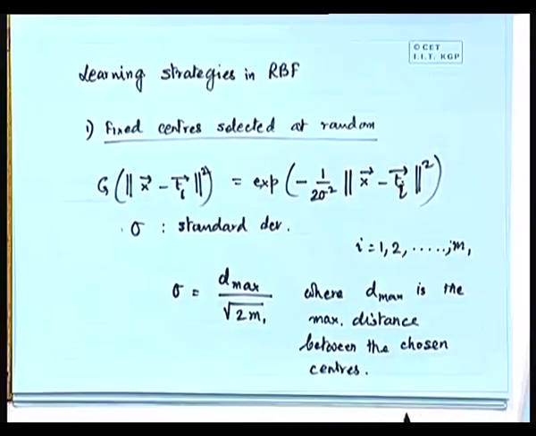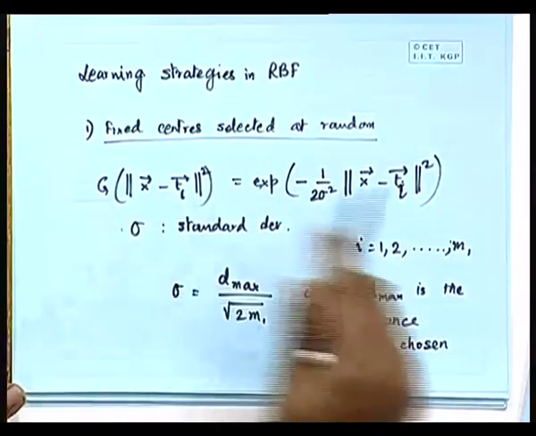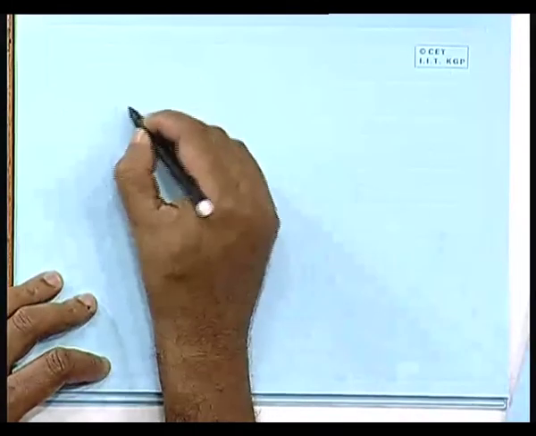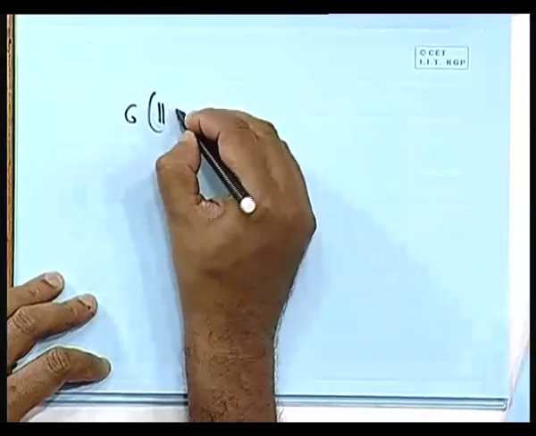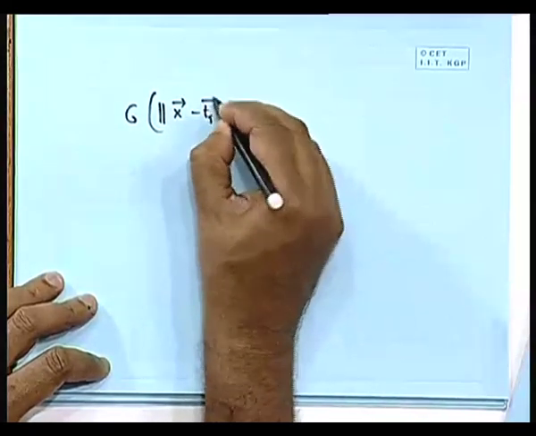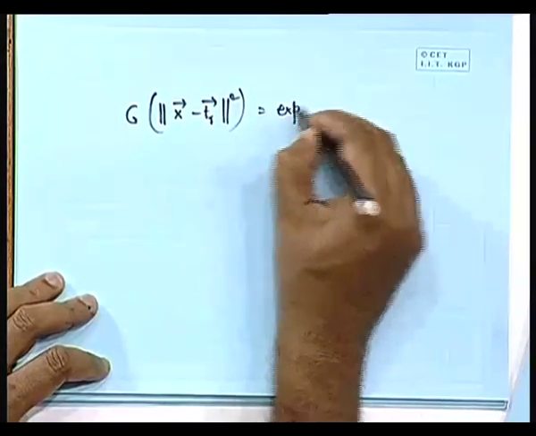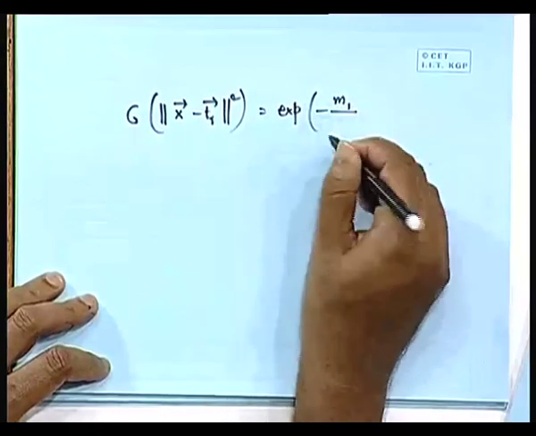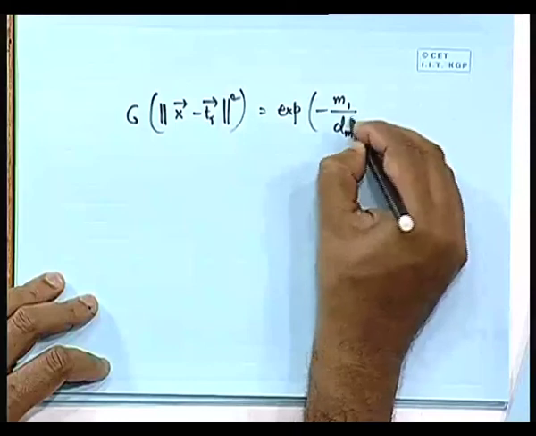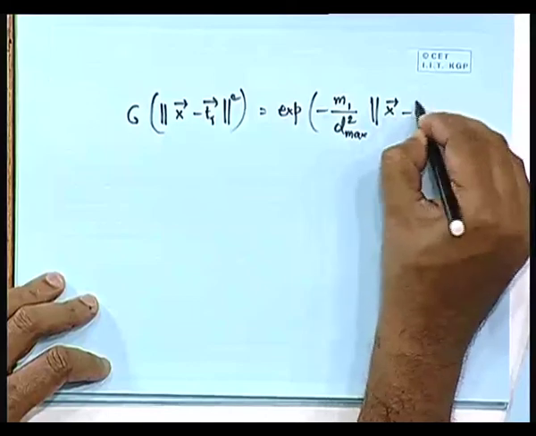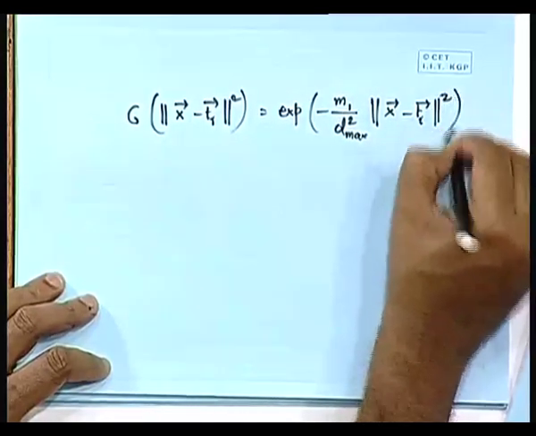So, if we apply this definition of sigma, then the Gaussian function that we use can be expressed as g of norm x minus ti whole square equal to exponential to the power minus M1 by d max square, Euclidean norm of x minus ti square.